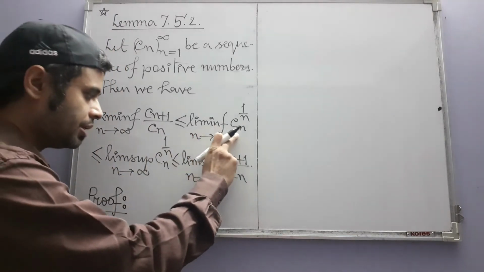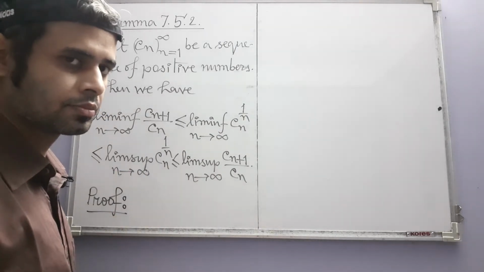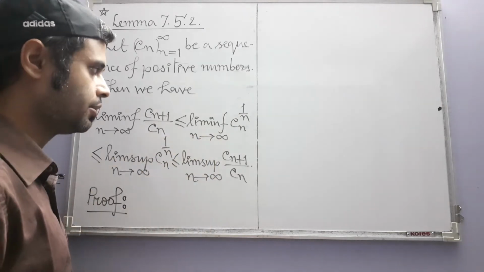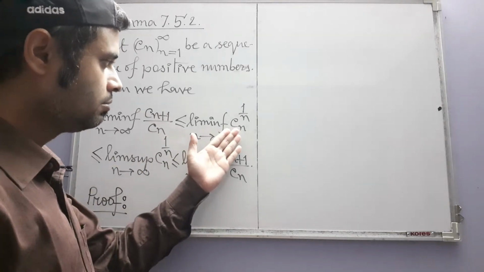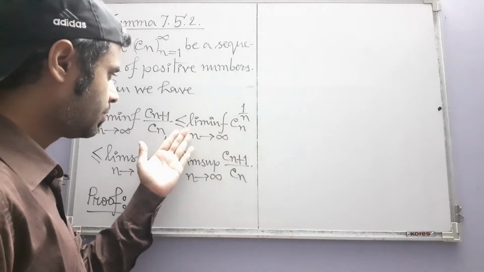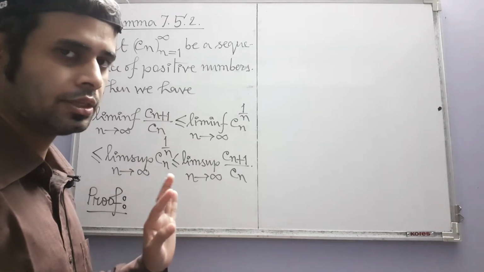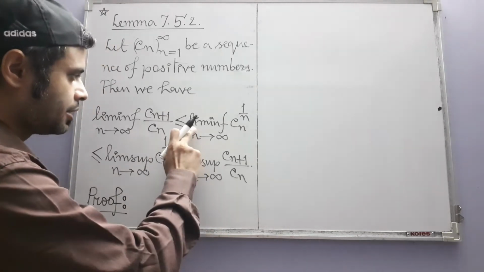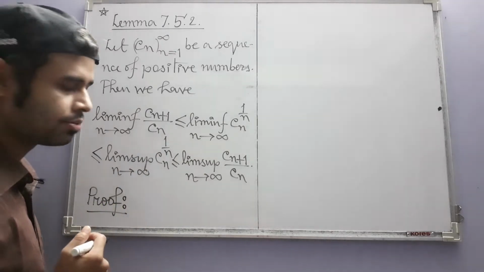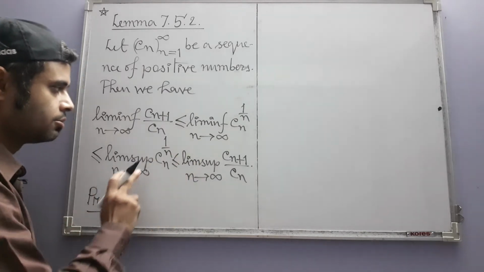However, the middle inequality is something we already know from our theory of limit superior and limit inferior, namely that for any sequence of real numbers, its limit inferior is less than or equal to its limit superior. We have already seen this before. So that means there is actually nothing to prove in the middle inequality. It's already available to us. And so that leaves us with these 2.